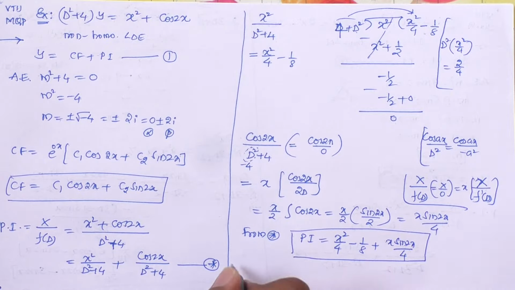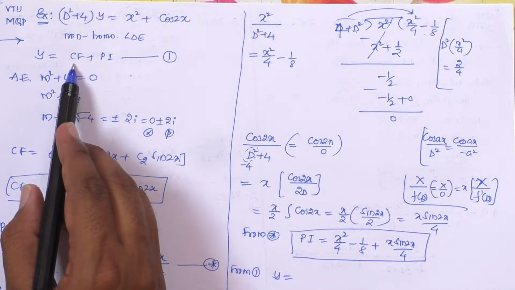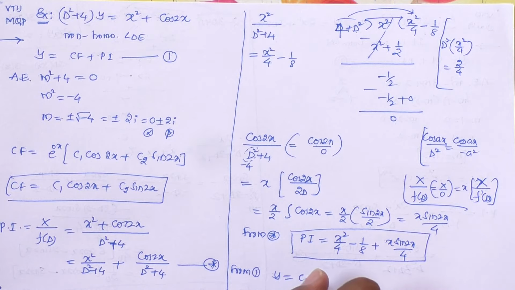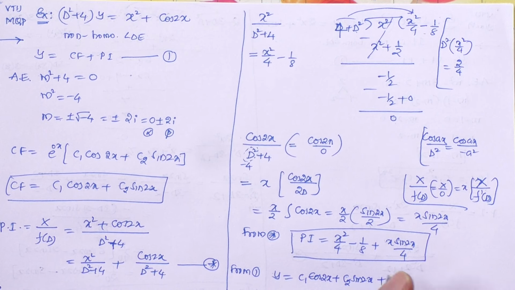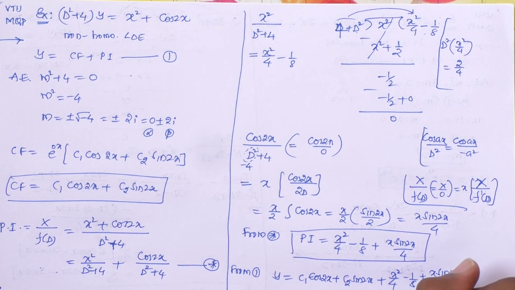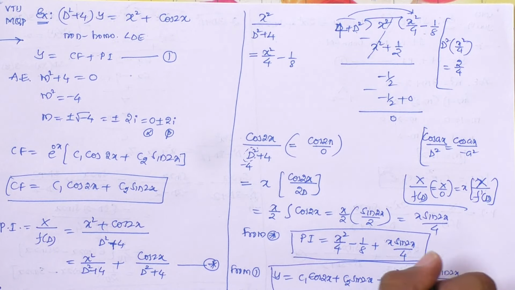Now the final answer from 1: y equals CF plus PI. So CF we know, c1 cos 2x plus c2 sin 2x, plus PI. PI is this term x square by 4 minus 1 by 8 plus x sin 2x divided by 4. So this is the final answer.